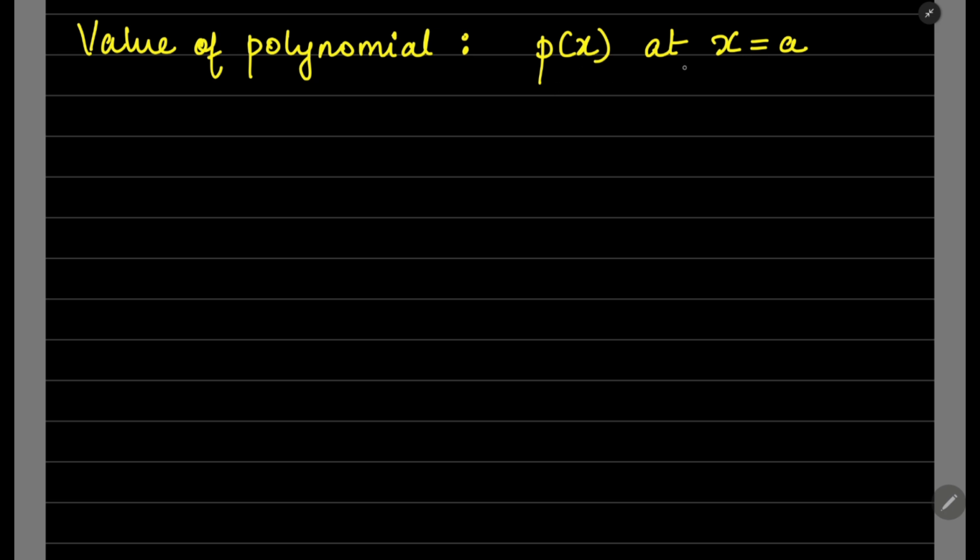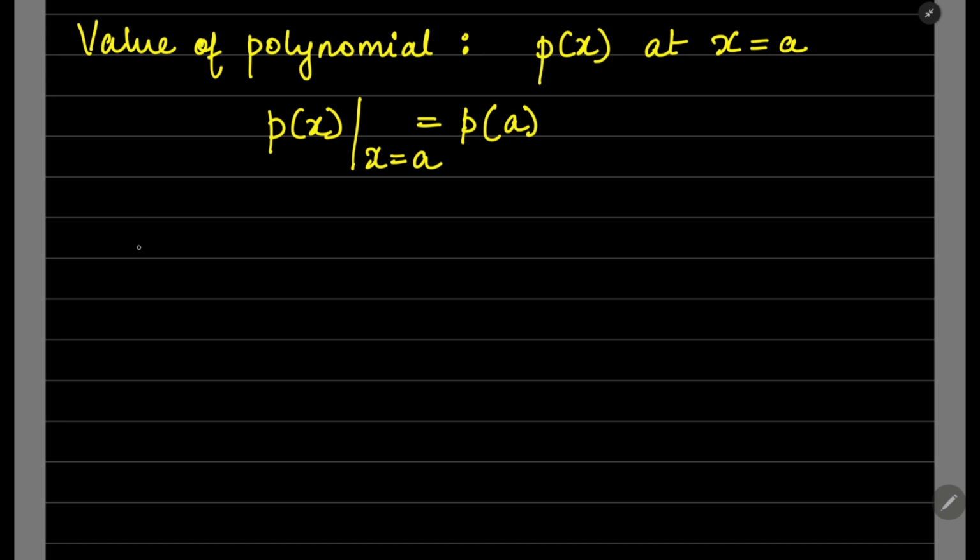When you substitute a instead of x, it becomes p of a. That is, the value of the polynomial p of x at x equal to a is nothing but p of a.